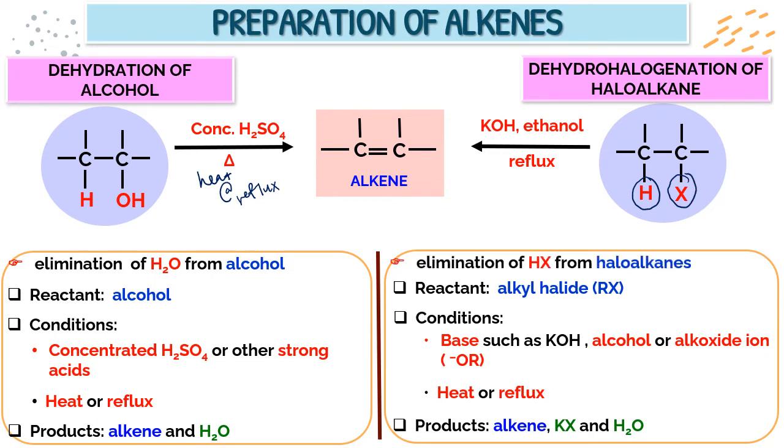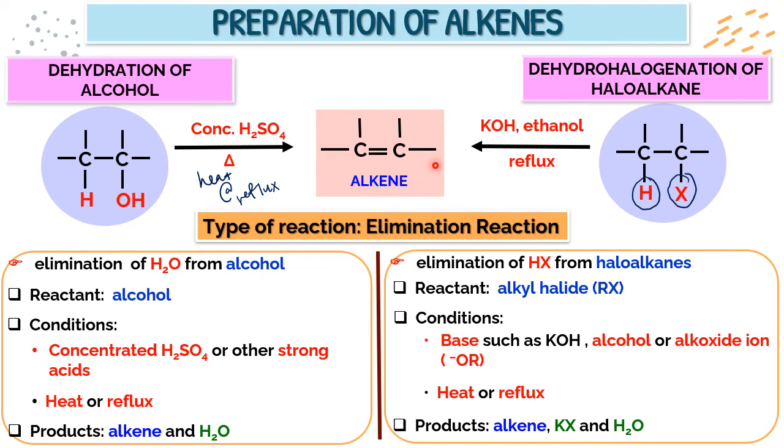In other words, the elimination of HX from the haloalkane. So in general, for these two reactions for preparation of alkenes to produce a carbon-carbon double bond, the type of reaction will be elimination reaction.